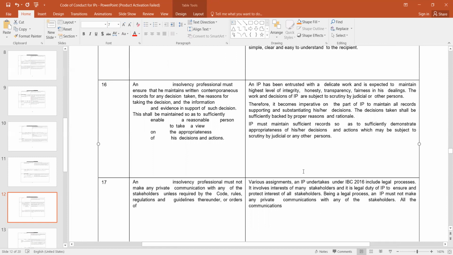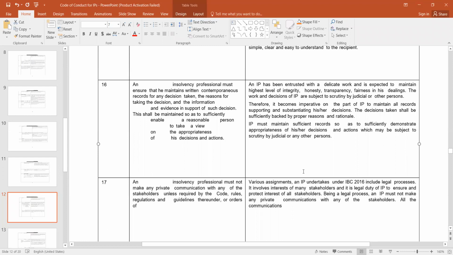Next point: an insolvency professional must ensure that he maintains written contemporaneous records for any decision taken, the reasons for taking the decision, and the information and evidence in support of such decision. This shall be maintained so as to sufficiently enable a reasonable person to take a view on the appropriateness of his decisions and actions.